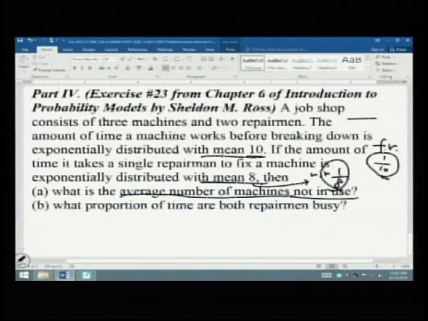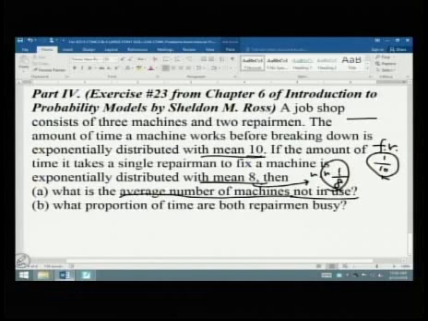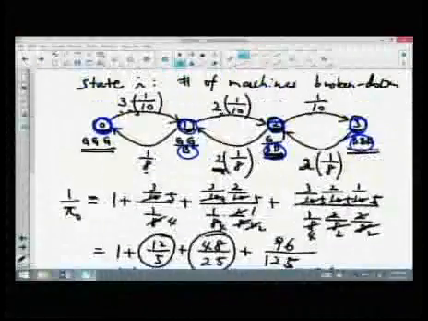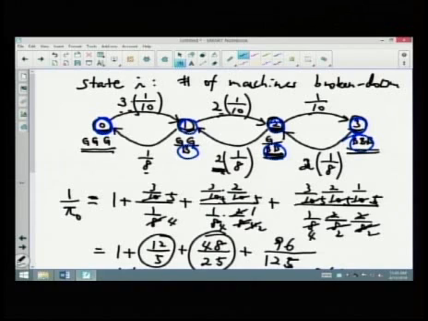How about B then? What proportion of time are both repairmen busy? It's also very easy. If you are in state number 0, how many repairmen are busy? No one. How about 1? Only 1 repairman will be busy. How about 2? Both of them will be busy. 3, both of them will be busy.